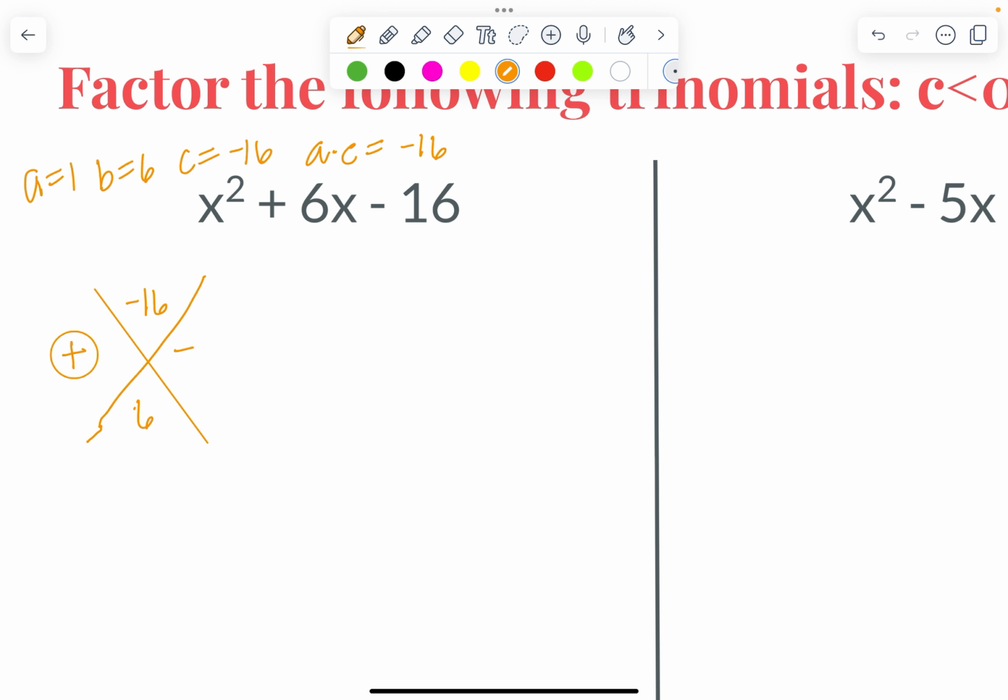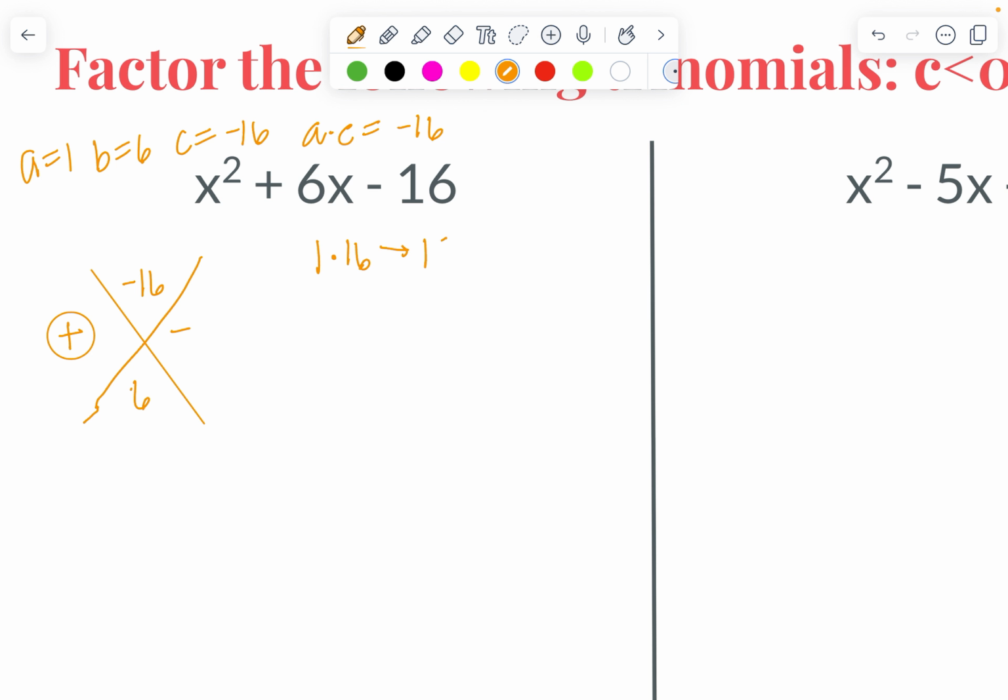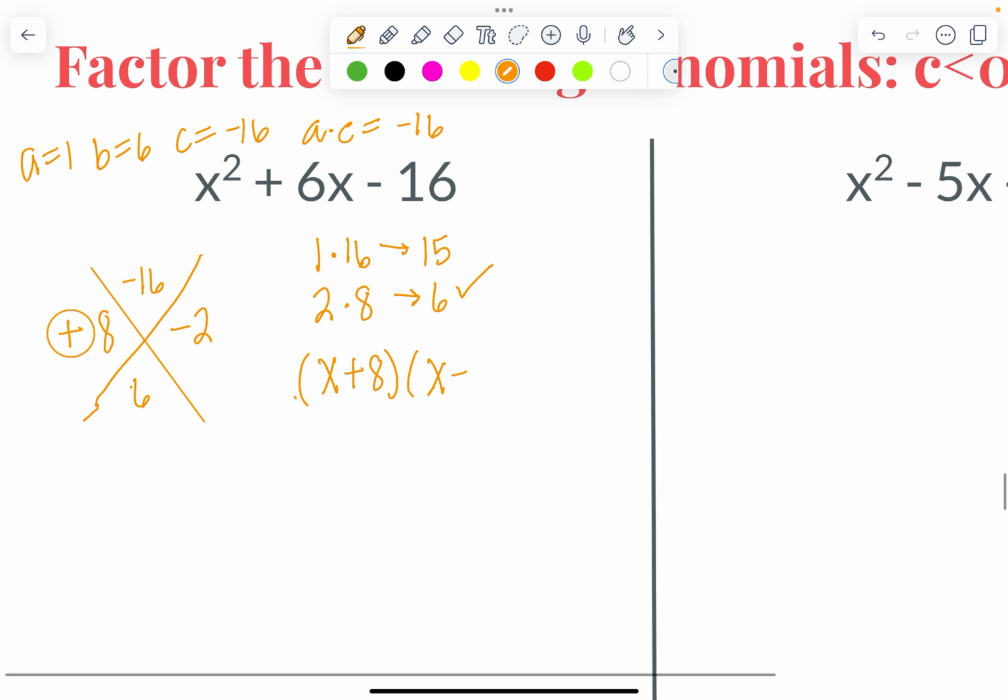Since our factors are going to be one negative and one positive, we want to multiply to 16 and subtract to 6. So I have 1 times 16. If I subtract those, I get 15. So I know that won't work. 2 times 8. If I subtract those, I get 6. Oh, yay, that's what I wanted. The bigger number has to be positive, so positive 8 and negative 2. So we have x plus 8 and x take away 2.